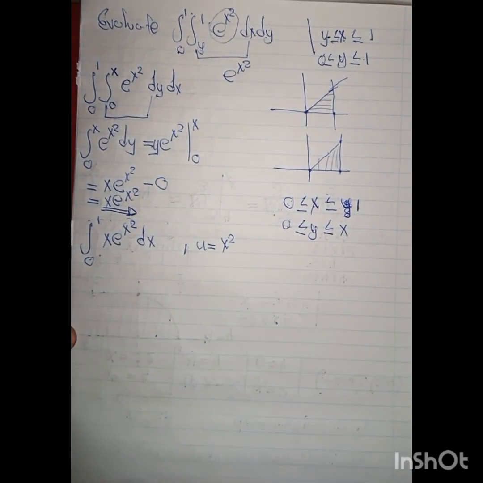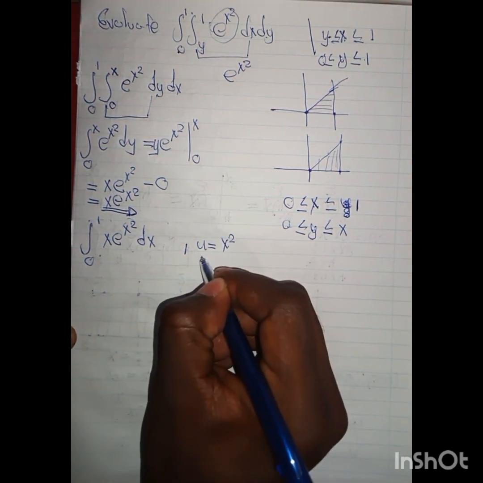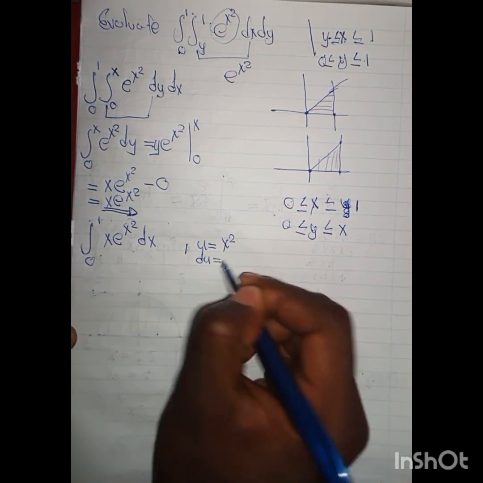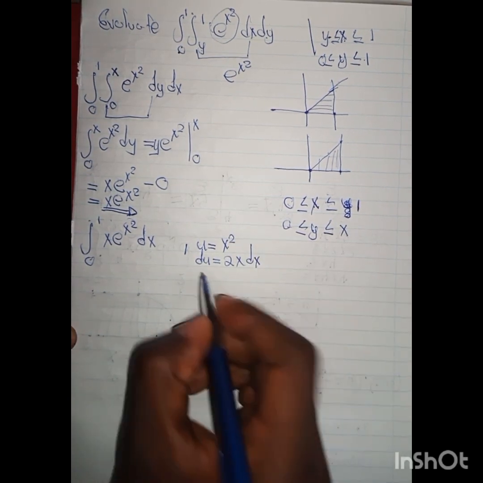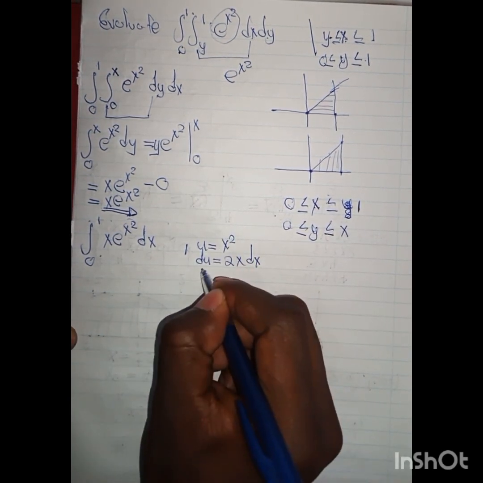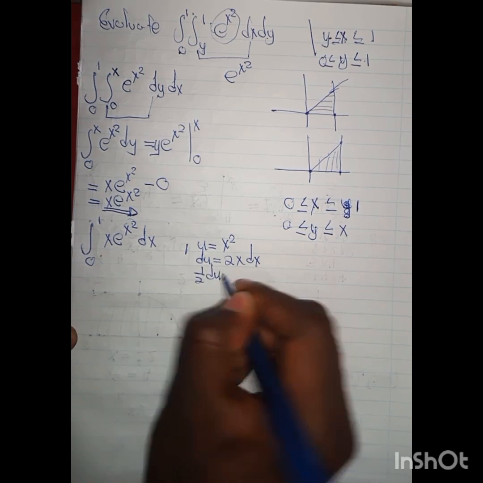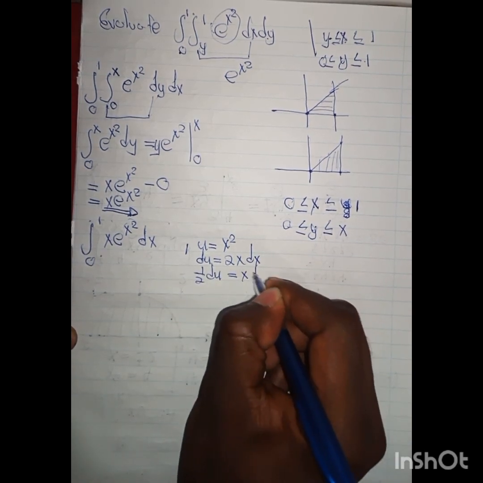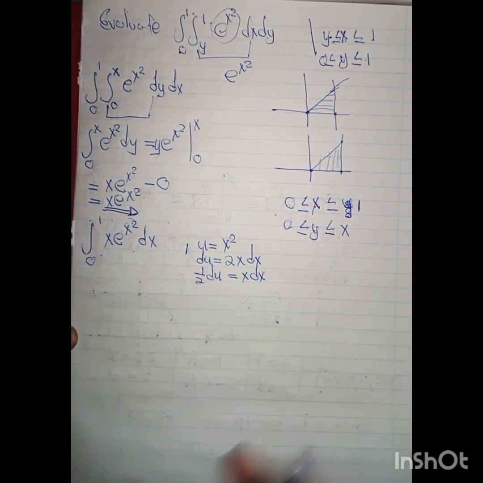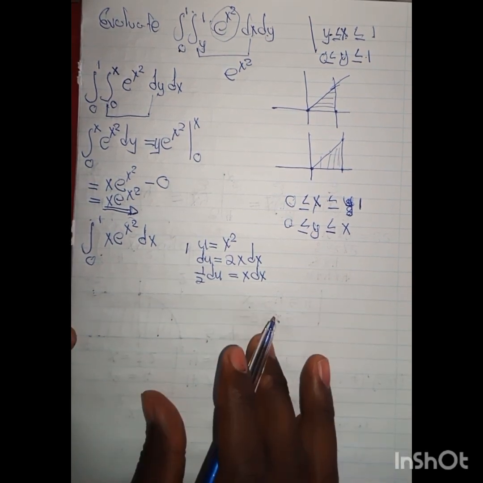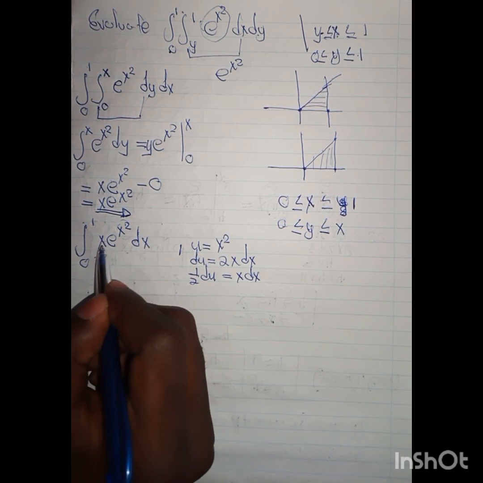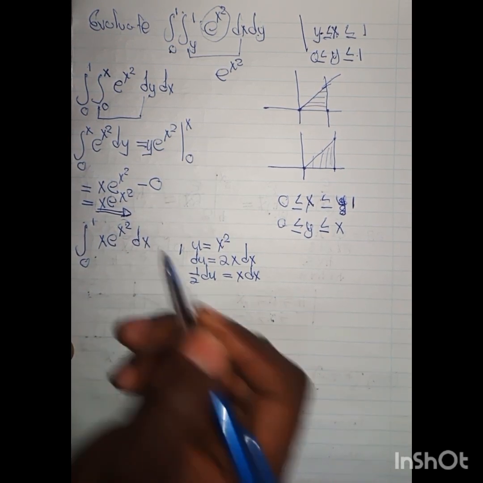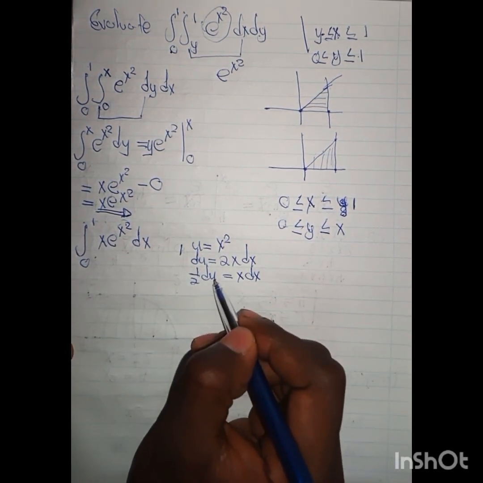Then I differentiate u with respect to x, I'll get 2x dx, and then I divide by 2 on both sides, then half du is nothing but x dx. We can clearly see from this step that x dx, this is what we have here, can be represented by half du.